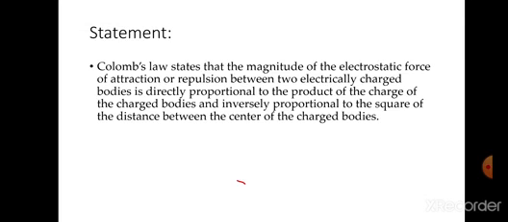That is, Coulomb's law states that the magnitude of the electrostatic force of attraction or repulsion between two electrically charged bodies is directly proportional to the product of the charges of charged bodies and inversely proportional to the square of the distance between the centers of the charged bodies.